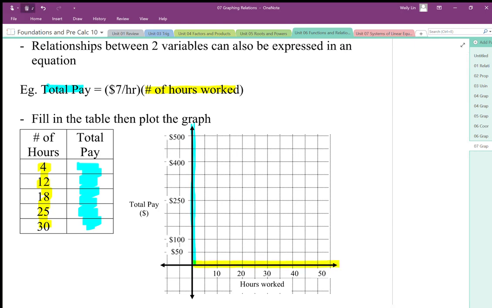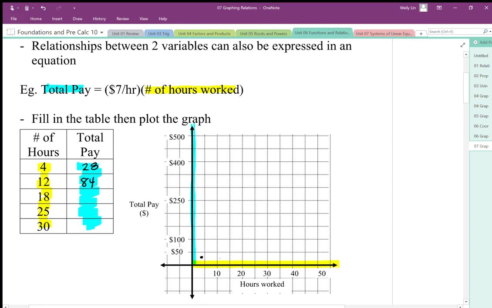Okay, so let's use our relationship here to calculate the total pay, to connect our domain with our range, or our input with our output. So 4 hours times $7 an hour gives us a total pay of $28. So when I graph that, it's going to be 4 and 28, maybe somewhere about there. 12 hours times $7 an hour, that's going to give us $84 of total pay.